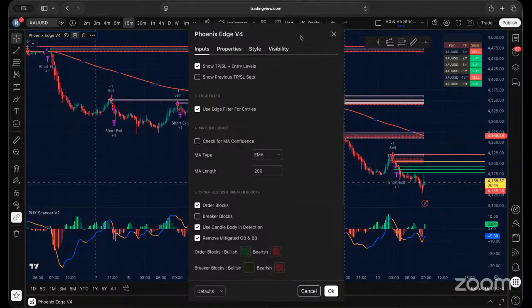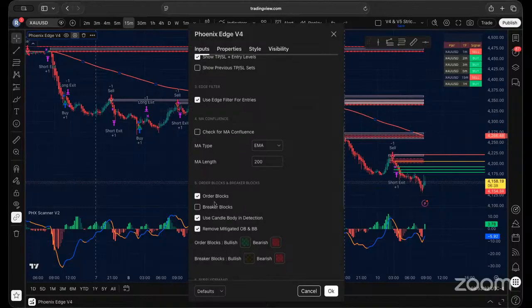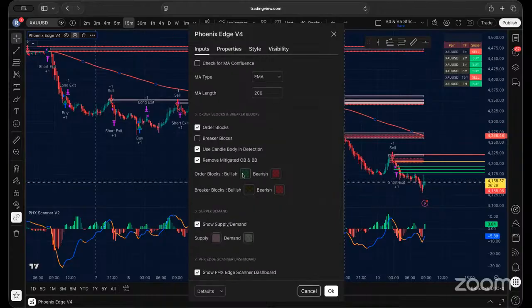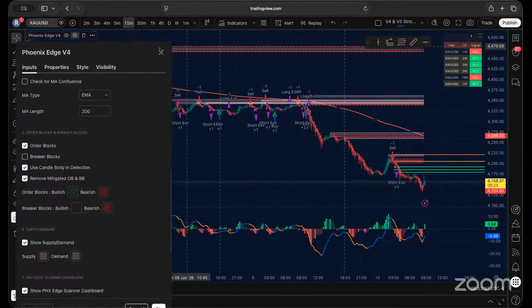All right, cool. Now here's where the customization comes with Phoenix, so you just want to make sure that your order blocks is checked. Breaker blocks, nobody really uses it, but if you do, you can always check it. But you can customize how your order blocks look, which are the dotted rectangle boxes. So my darker red.